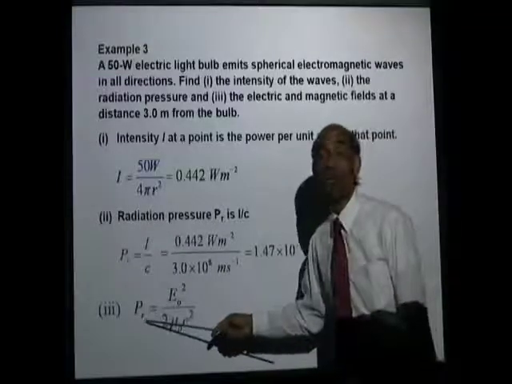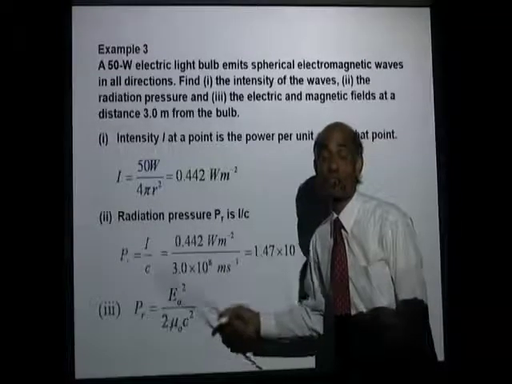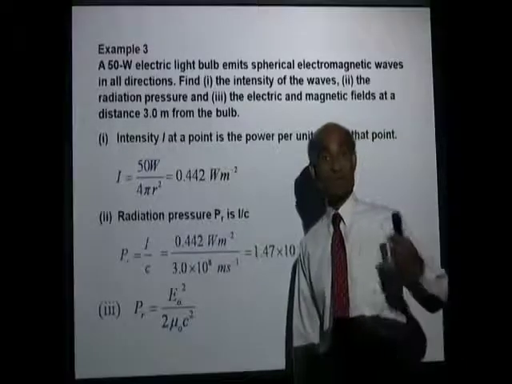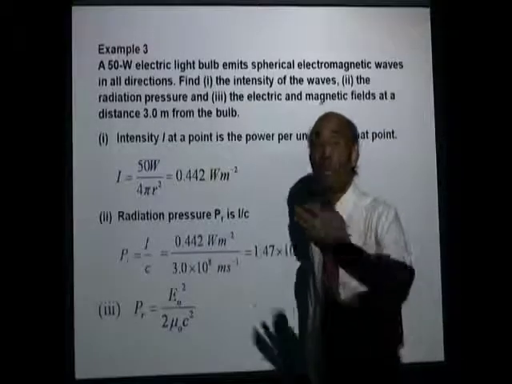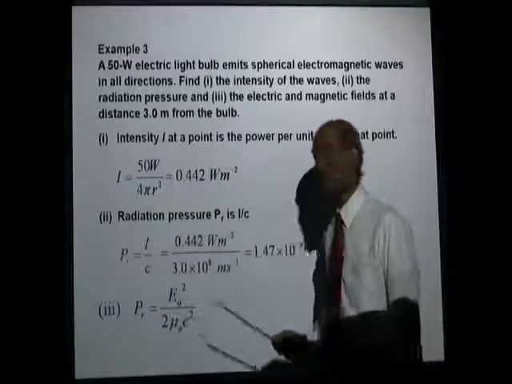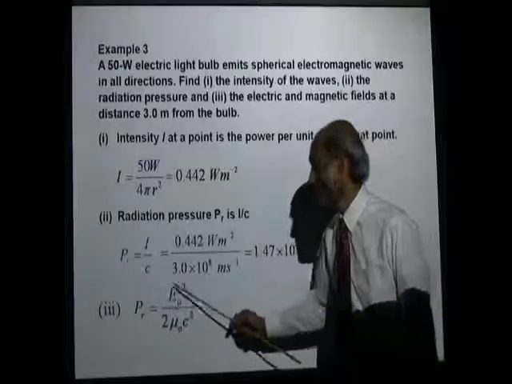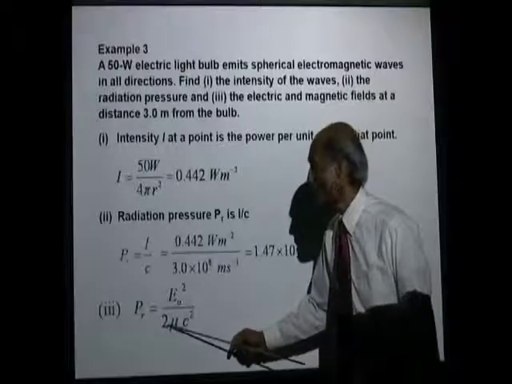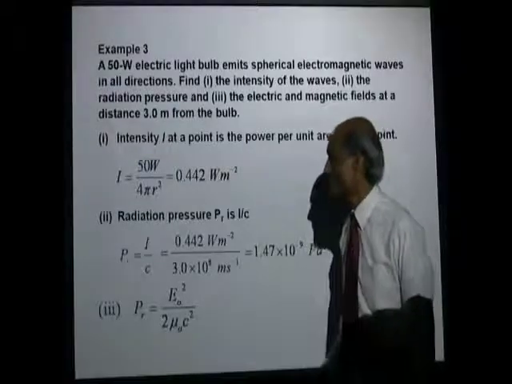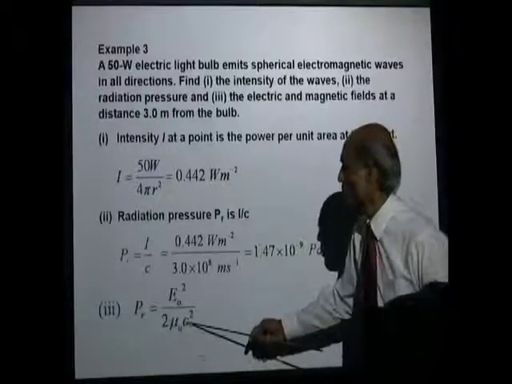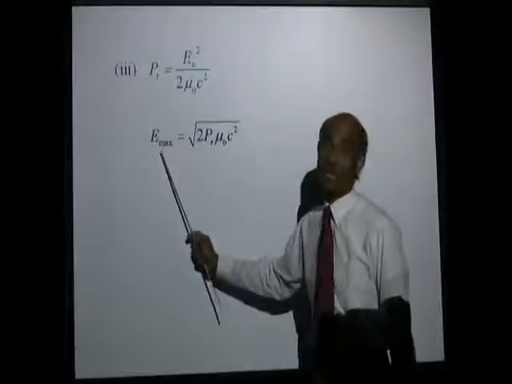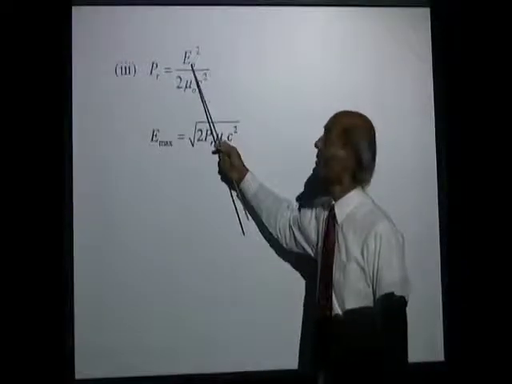And for that we select this equation. We have obtained several equations for the radiation pressure in terms of electric field and in terms of magnetic field. So we are now going to use the equation in terms of electric field. P_R is E0 squared divided by 2 mu 0 C squared. And we know all these values. Therefore, E max, well, E max is the same as E0.